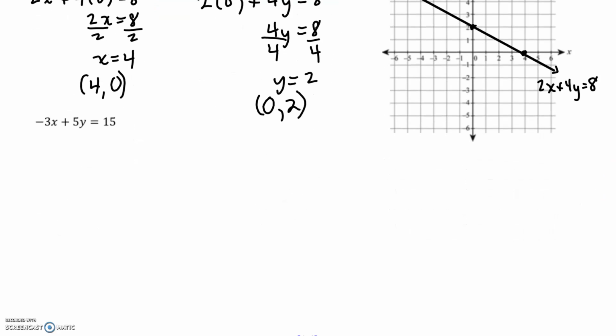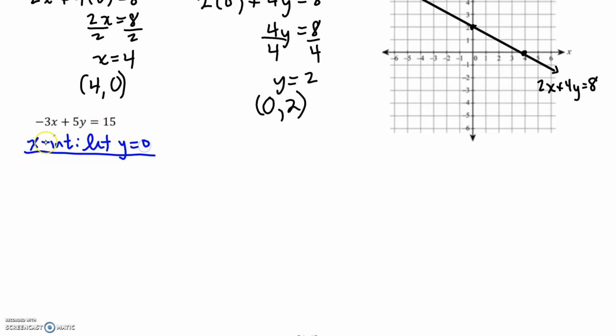If you want, you could pause the video and see if you can get the same answer as me, or you can just follow along right now. We start by getting the x-intercept. To find it, we are going to let y equal 0.